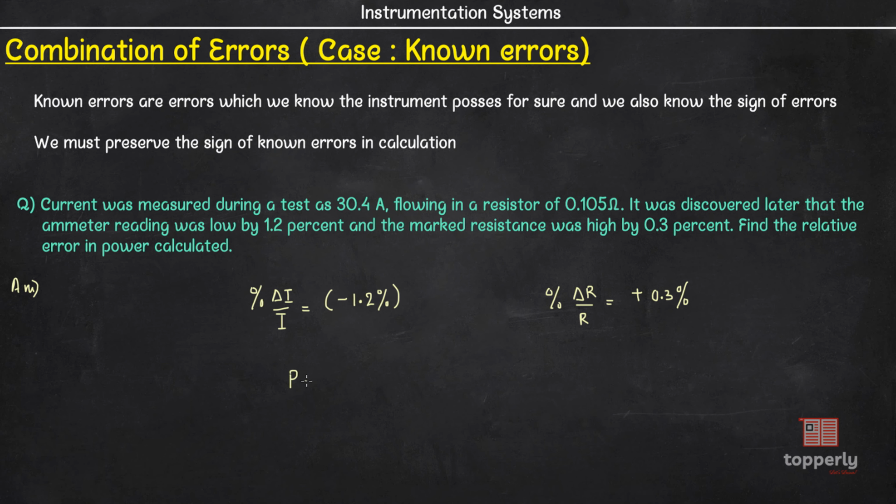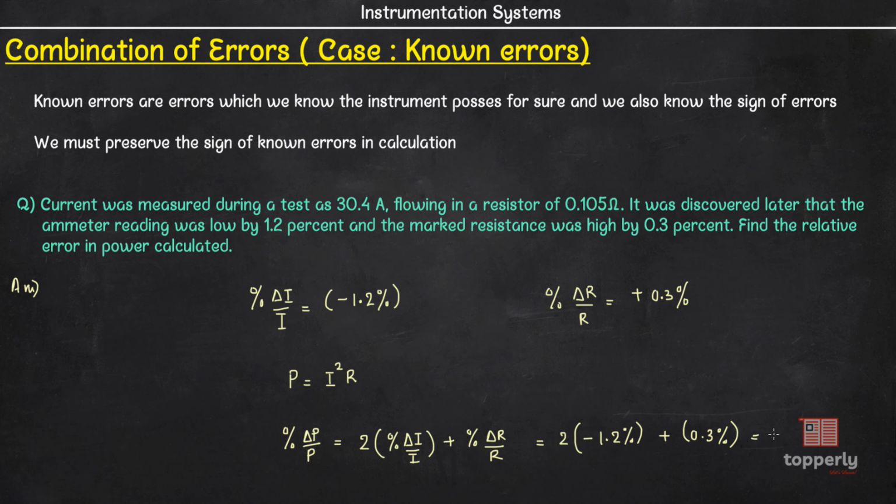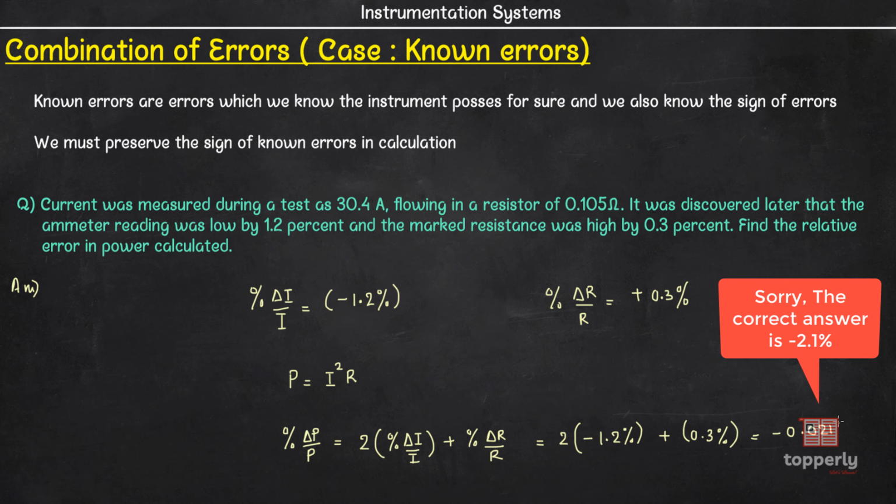Now we know power P is equal to I square R. Therefore, total percentage relative error, percentage delta P by P, is equal to 2 times percentage delta I by I plus percentage delta R by R, which is equal to 2 times minus 1.2 percent plus 0.3 percent, which is equal to minus 0.021 percent. That's all for this lecture.